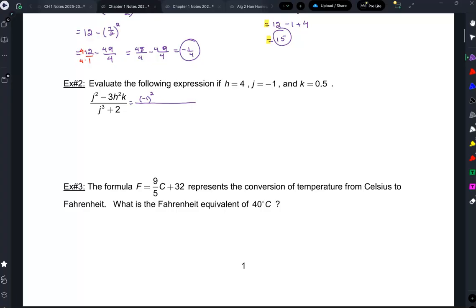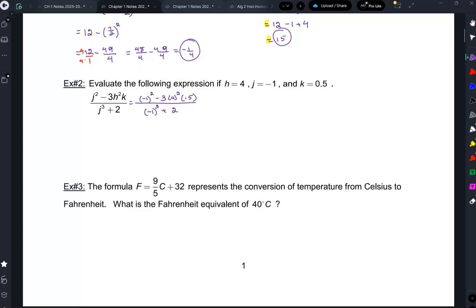Whenever you have a negative number, put it in parentheses, because negative 1 in parentheses squared and negative 1 without parentheses squared are very different things. One gives you a positive, one gives you a negative. Minus 3, H is 4 squared times K, 0.5, over J is minus 1 in parentheses cubed, plus 2.